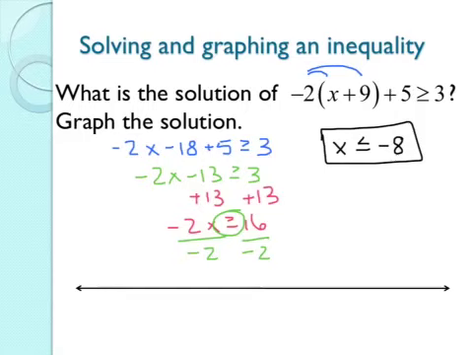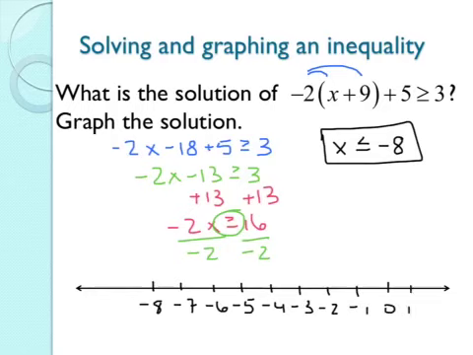Now to graph that, my key value is going to be -8. And I like to always make sure that I have 0 on my number line as well. So I'm going to have a closed circle at my key point here, -8, because I have that equal to sign.